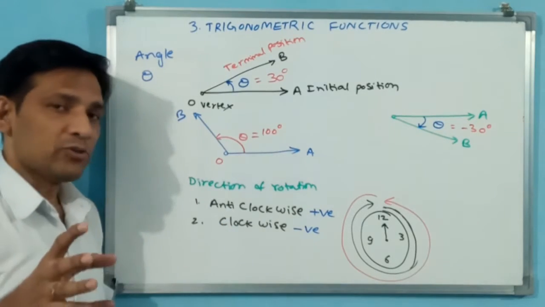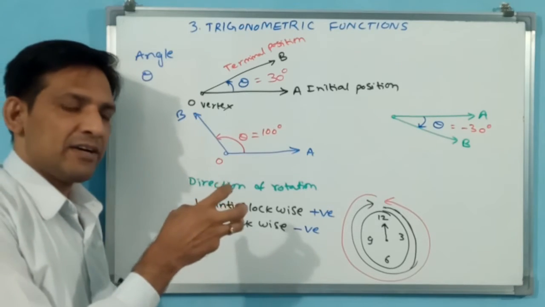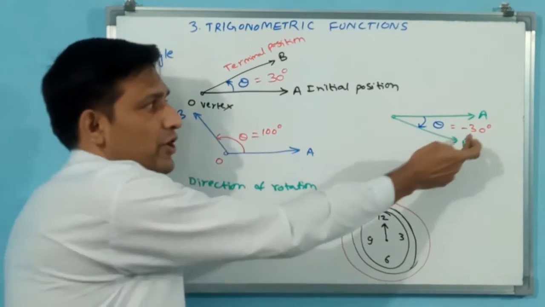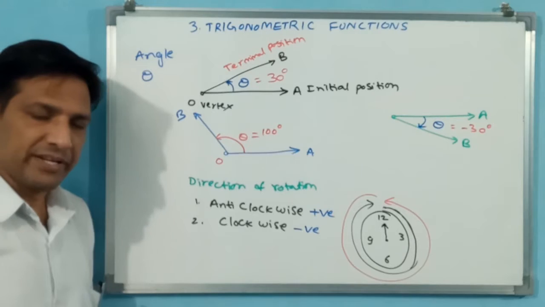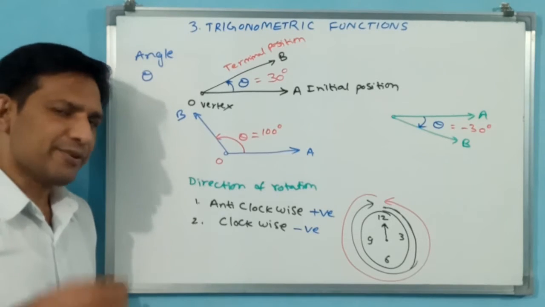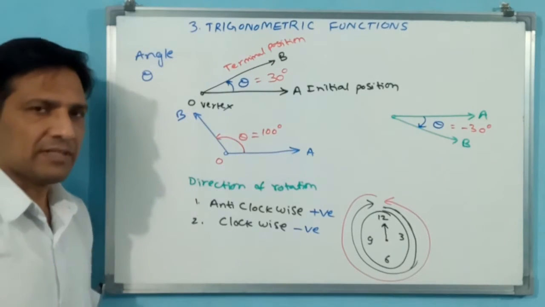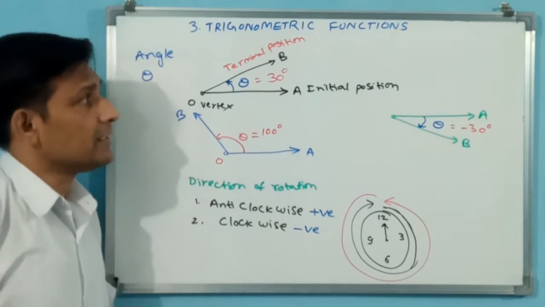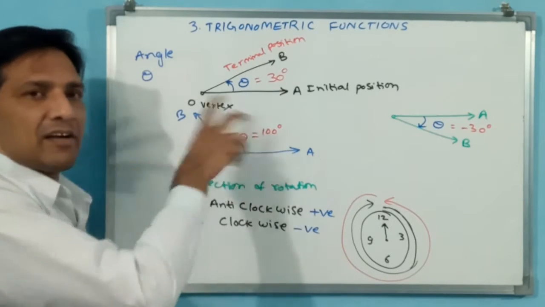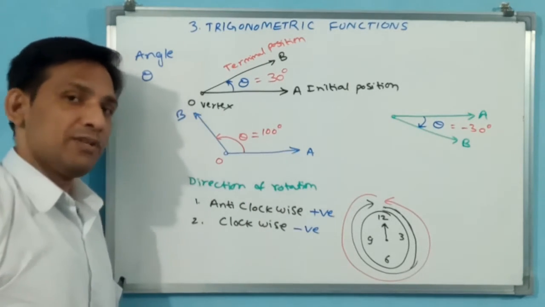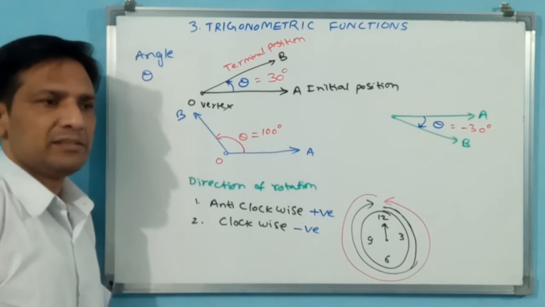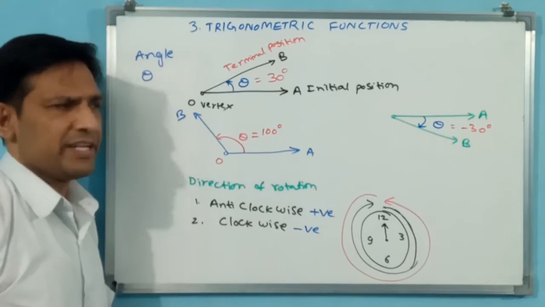Okay. Now we have seen angle of rotation, clockwise or anti-clockwise. And we also came to know that clockwise angles are going to give negative angles, negative degrees or negative radians. We will see afterwards what is radian, what is degree. Anti-clockwise angles are going to give positive angles, positive degrees or positive radians.